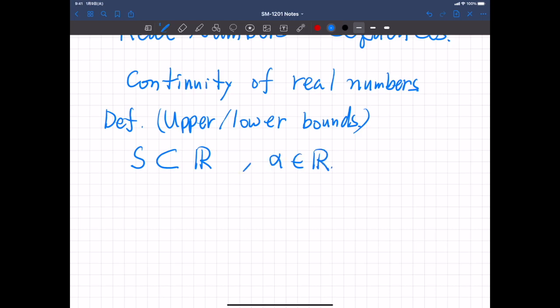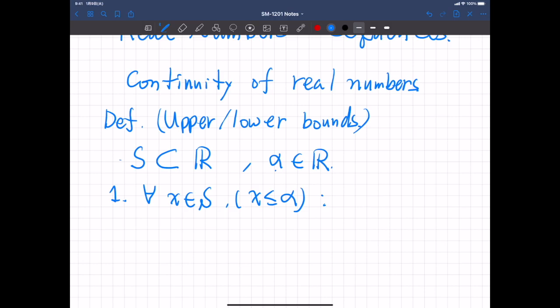So this S is any set of real numbers. And first, if for all x in S, so for any element in S, x is less than or equal to alpha. So this alpha is a given value of a real number.